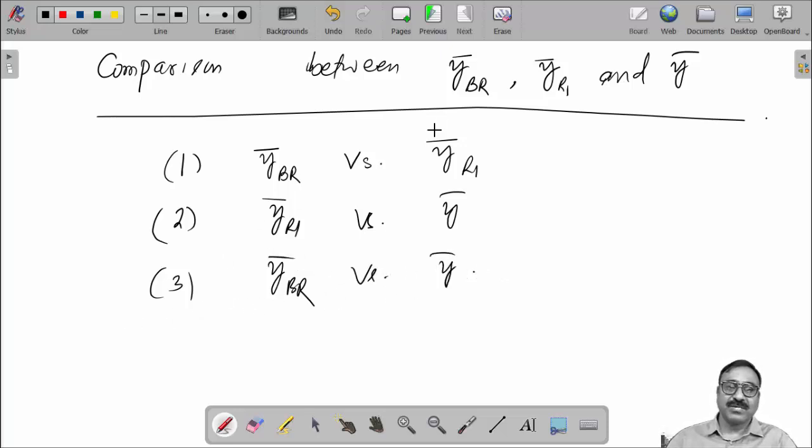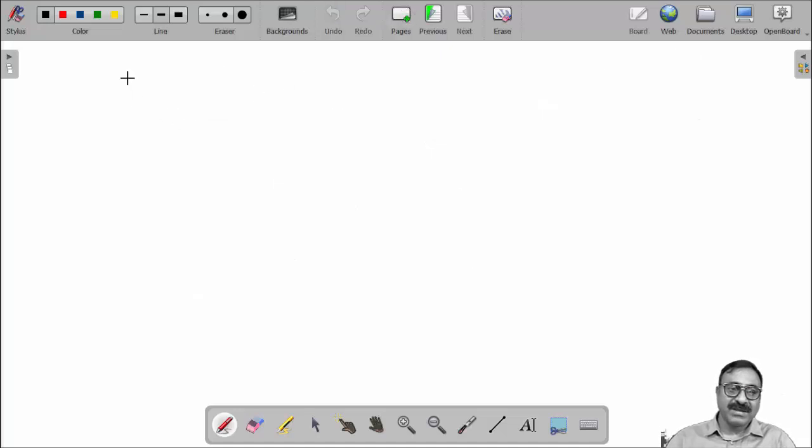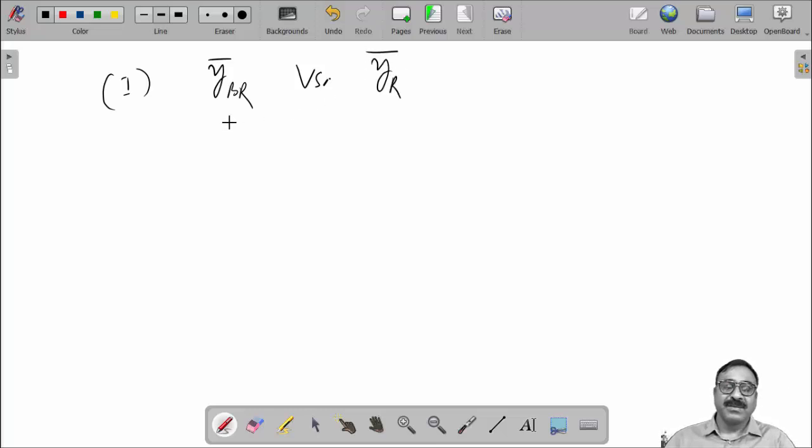Now in these three cases we shall consider, in the first case, YBR bar versus YR1 bar, which means the bivariate case with the univariate case: the ratio estimator using two auxiliary variables versus the ratio estimator using one auxiliary variable.